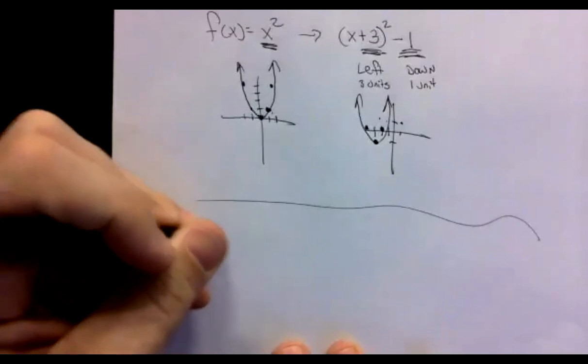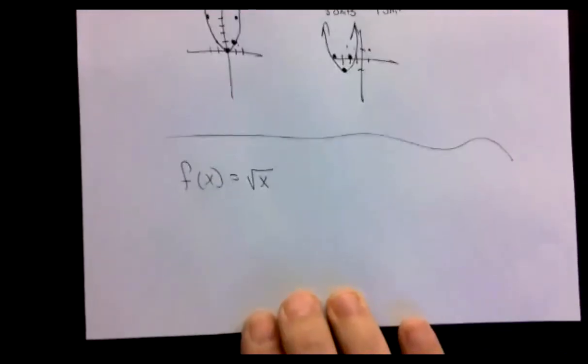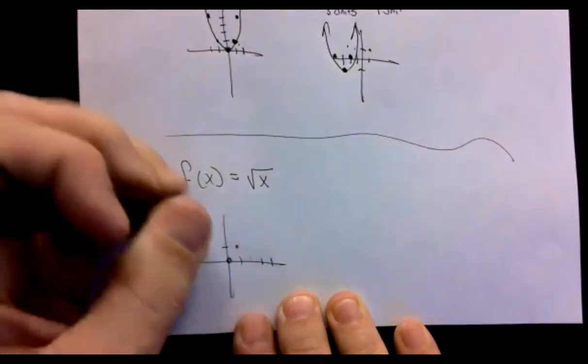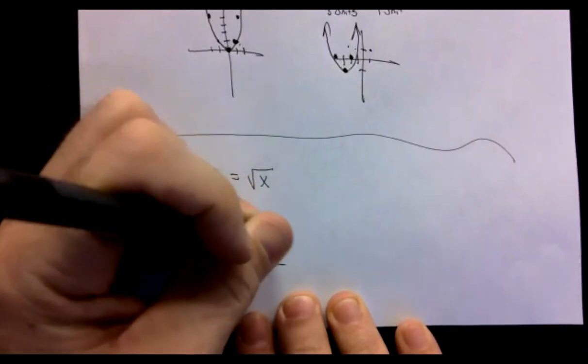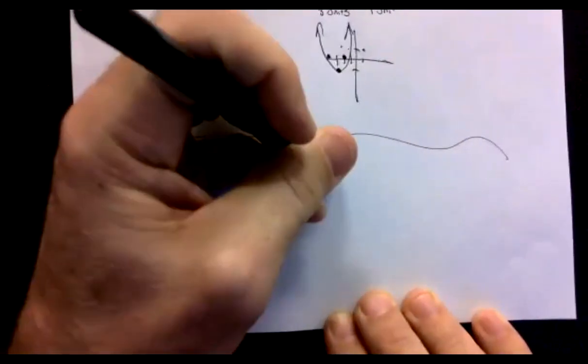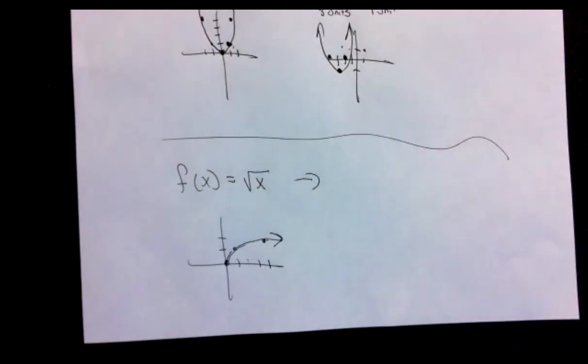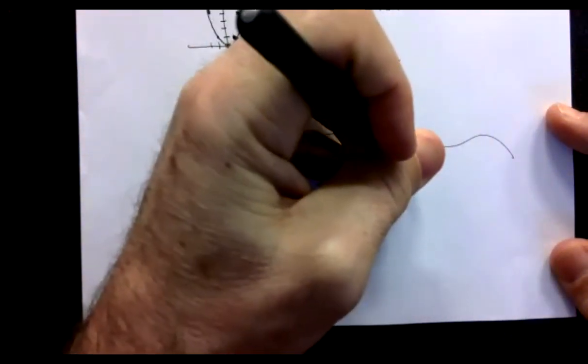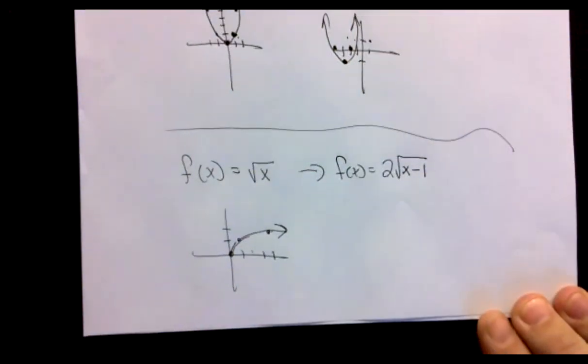Okay, so if they gave us a completely different function, a square root of x, a square root of x function typically looks like this. Okay, we're going to do these changes.